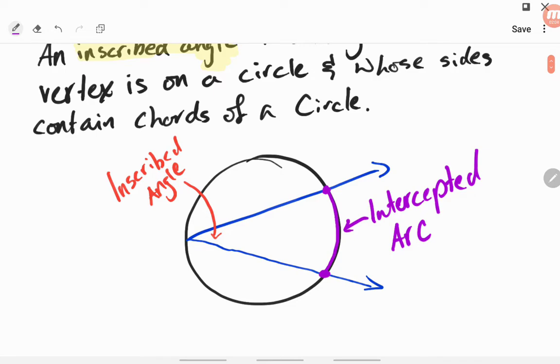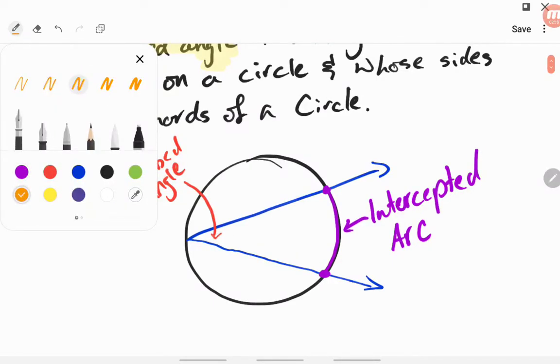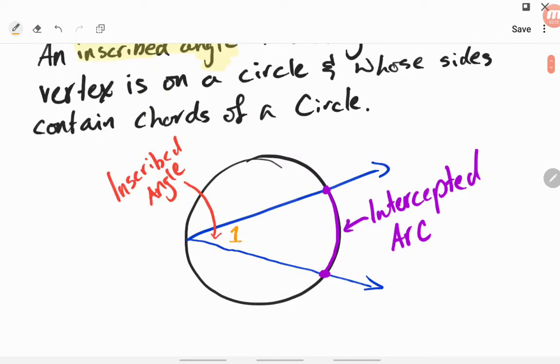So if I wanted to find the measure of that angle, let's label this angle 1. Okay, I've got angle 1. The measure of angle 1, well, that's just going to be equal to half the measure of its intercepted arc. Half the measure of its intercepted arc.